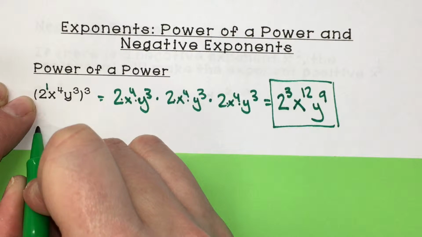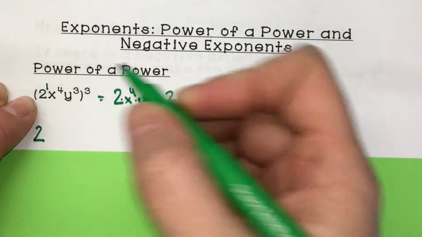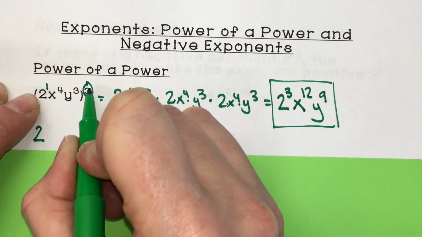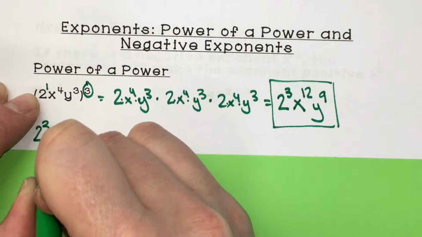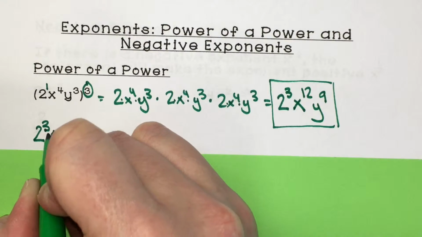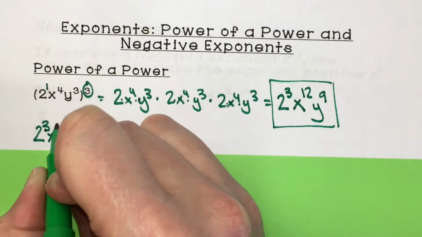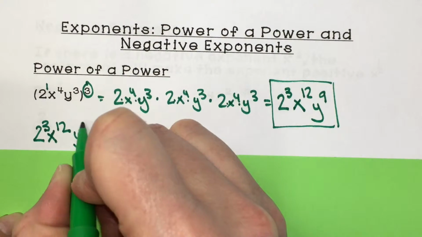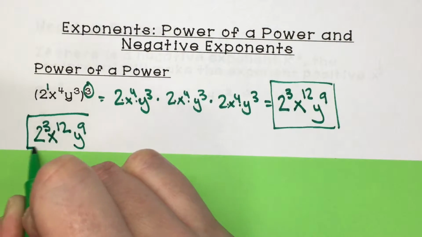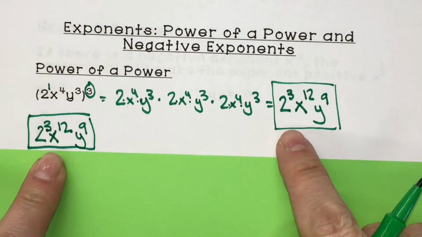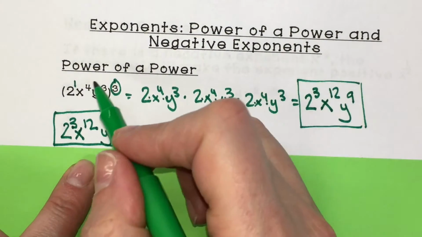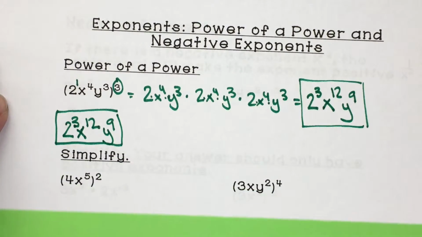So I'm going to keep the base the same, my base of 2, and I'm going to multiply the exponent times the outside exponent. So 1 times 3 is 3. Now I'm going to bring down x. 4 times 3 is 12. Bring down y. 3 times 3 is 9. So you can see we get the same answer. It's just a shortcut. We're multiplying all the exponents inside by the one on the outside.